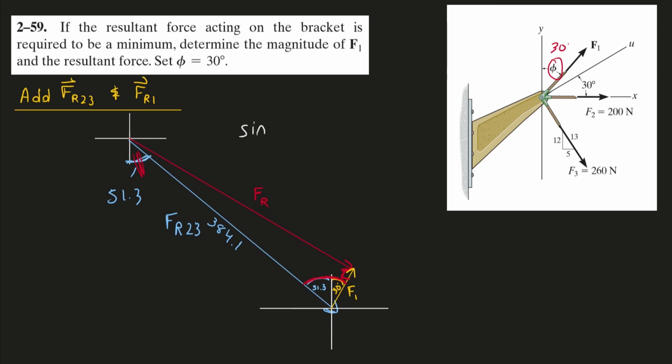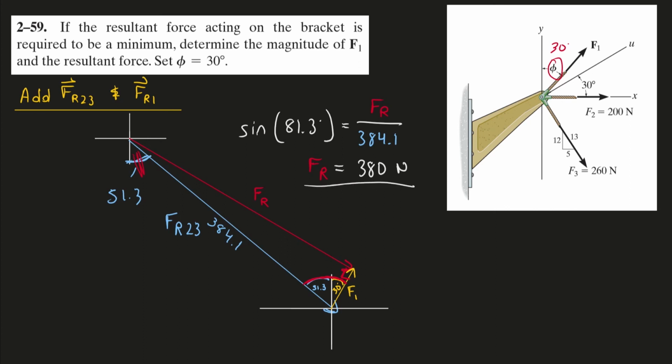The sine of that 81.3 degrees will equal the opposite, which is my force R magnitude, over the hypotenuse, which in this case is the 384.1. And we can easily figure out that the force resultant will equal 380. And that will be a force, a magnitude, newtons.